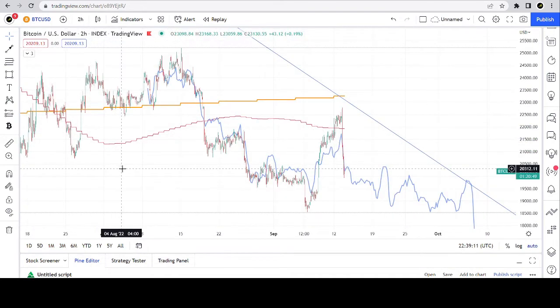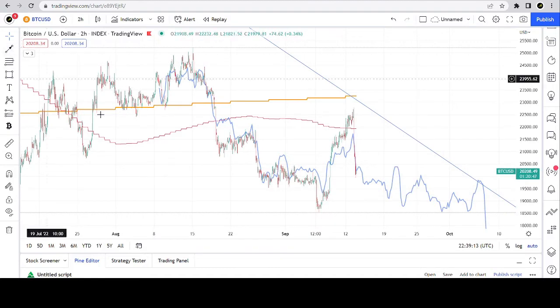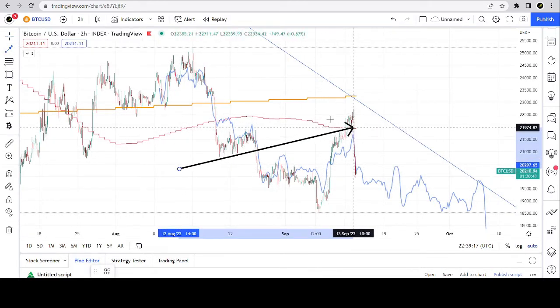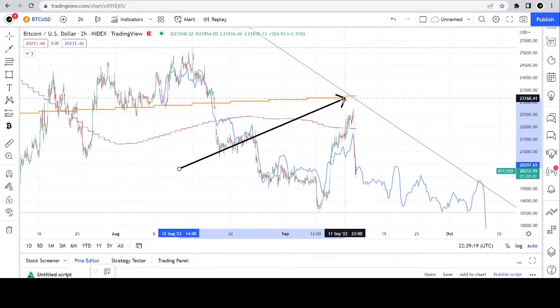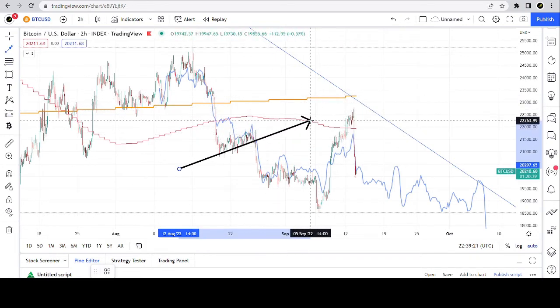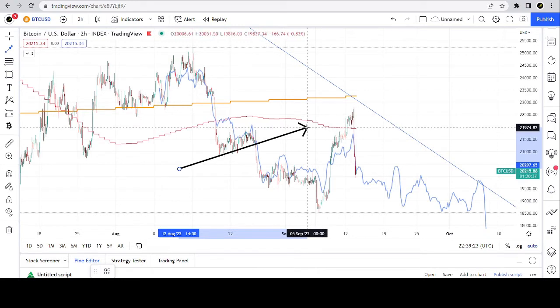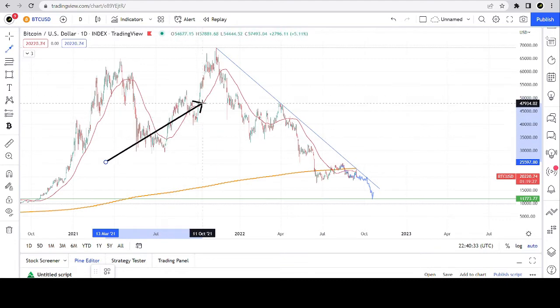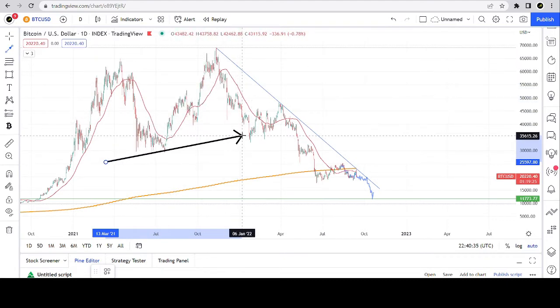So zooming back in a little closer, we can see that it made it above this 50-day moving average, but it did not make it to that 200-week moving average. What is significant about this 50-day moving average? Well, let me zoom out and I'll show you. The 50-day moving average is a good way to help identify the waves down.